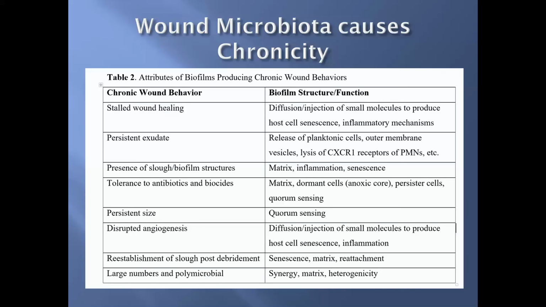Keratinocytes can't migrate. So I mean, the list goes on. So the structure and function of biofilm can clearly be the best reason for all the chronic wound behavior that we see clinically.